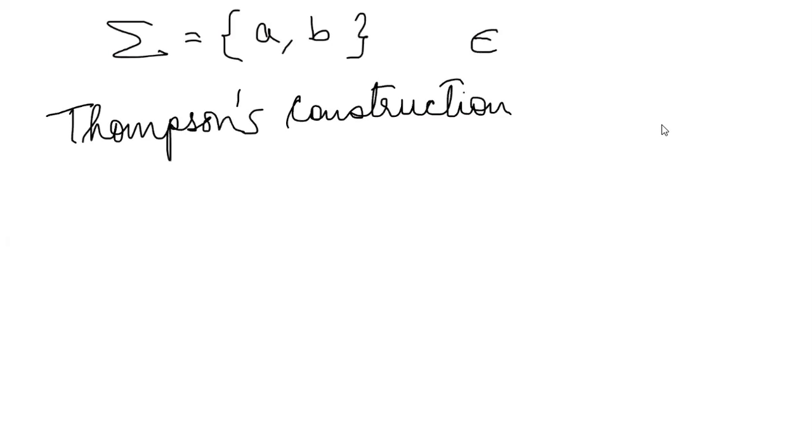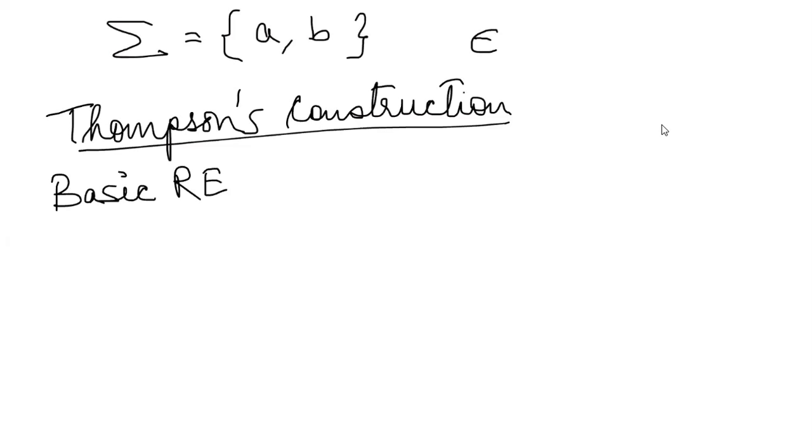So for the basic regular expression, which consists of a single symbol from the alphabet, we will draw something like this. This is our start state and this is our final state. We will have a transition by consuming a single symbol from the alphabet.